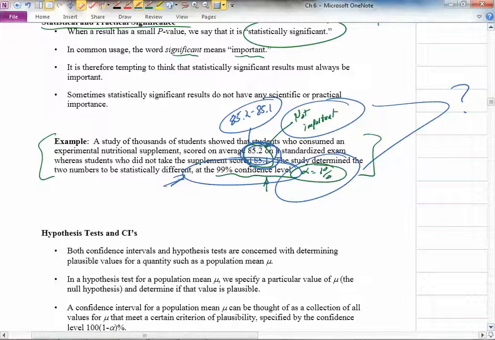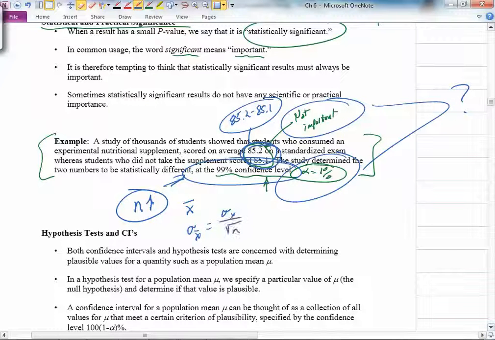How do you think they did that? Yes, they probably had a huge number of data points, right? So then x bar, and we have sigma of x bar equal to sigma x over square root of n. So probably took a whole lot of data points.